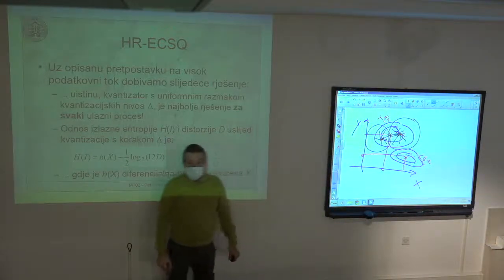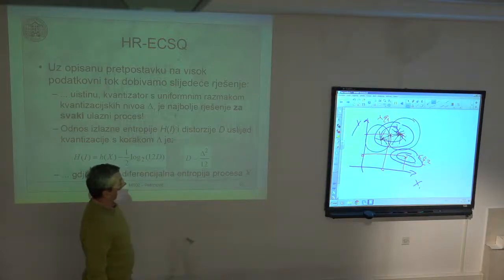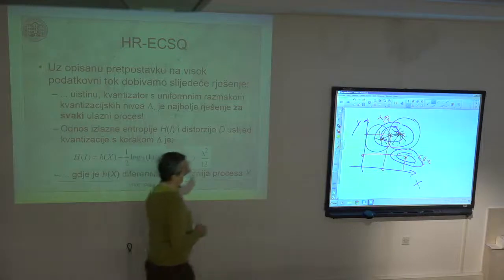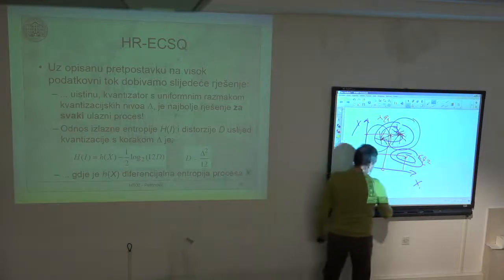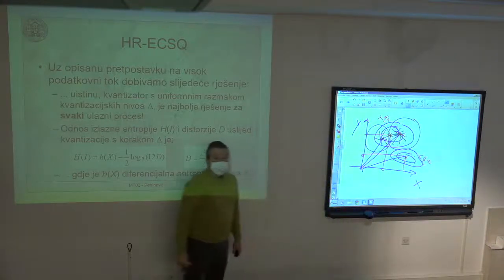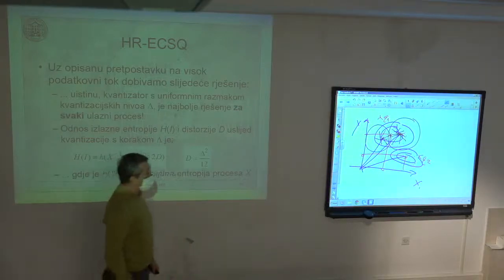And the optimal solution that gives the least distortion, the least total distance, is the best possible representative with three vectors. So we have three vectors, and these three vectors are the representatives of the process. So the first vector, the second vector, and the third vector. So what I'm explaining here is the so-called vector quantization.